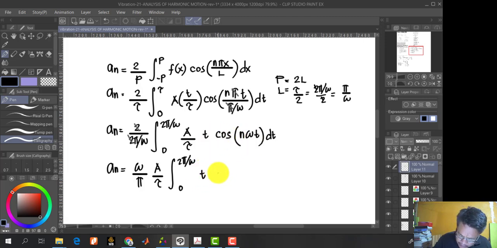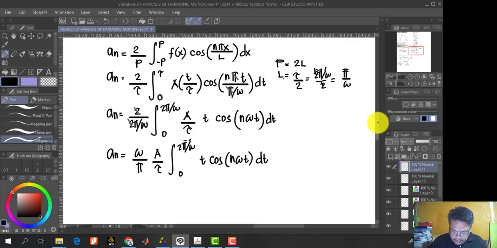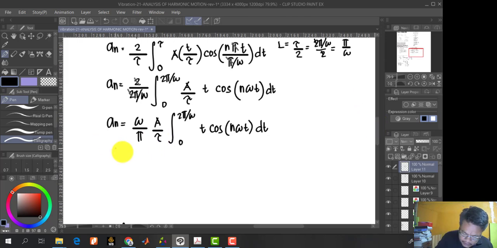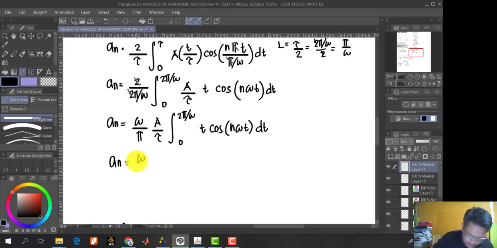We have here t, so let me rewrite this one again. So cosine, so that will be n angular velocity times time, and we have your dt, yeah? So yeah. And I can further express this one. So let's try to break this one. Break natin to. I can express or break this one into component pa ng period. So that will be angular velocity.